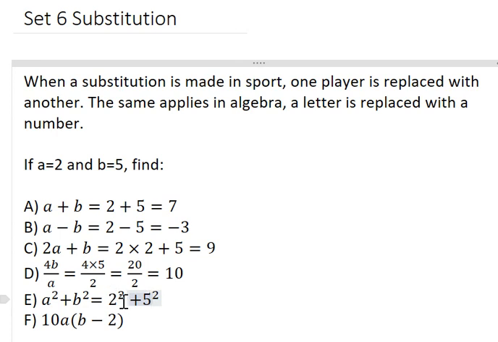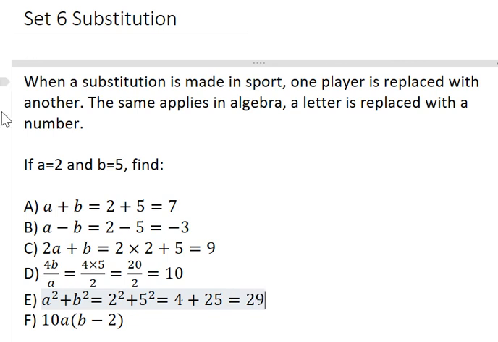Now, 2 squared does mean 2 times 2, but 5 squared doesn't mean 5 times 2. 2 squared means 2 multiplied by itself, so 2 times 2 is 4. 5 squared is 5 times 5, which is 25, so 4 plus 25 gives me 29.